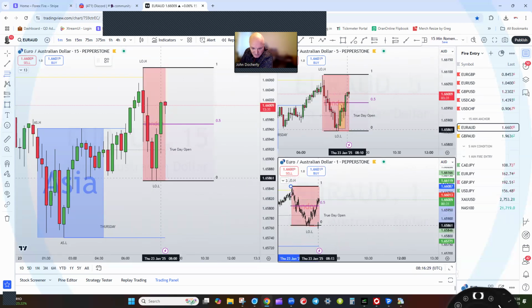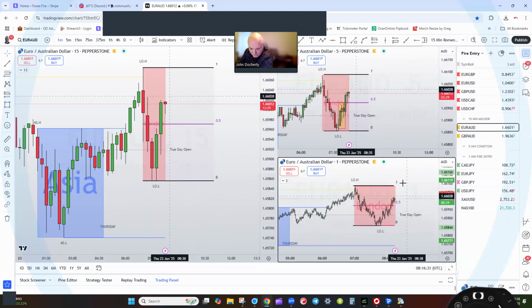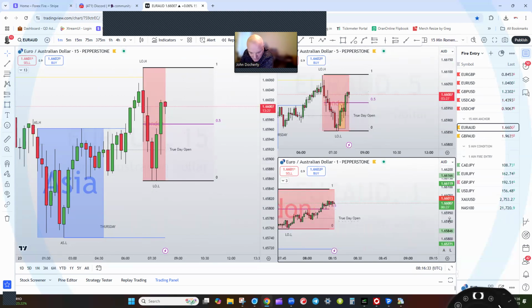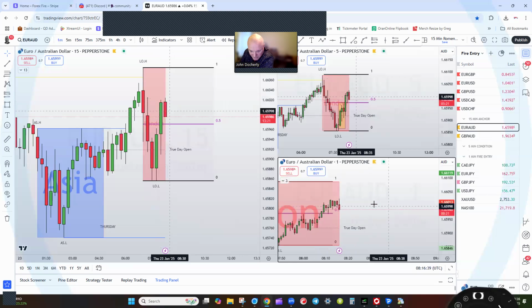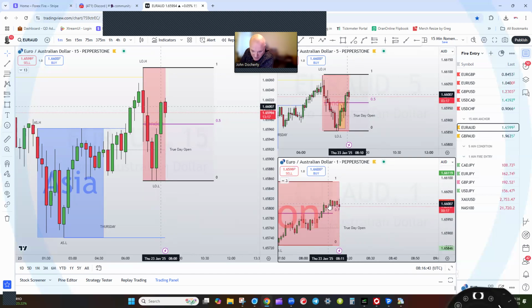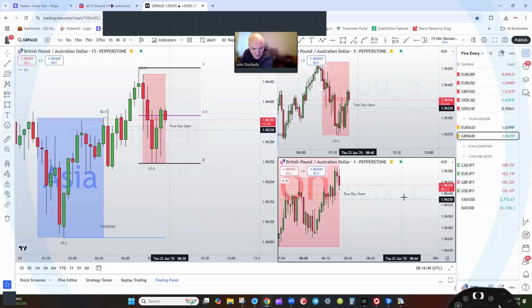Go from the high down to the bottom. There's the touch. We need a buy followed by a bearish engulfing. So we've had buys but they didn't bearish engulf. So this is just meandering about on here. So we need to keep an eye on the euro odd.